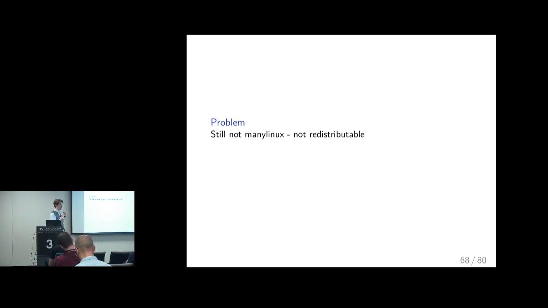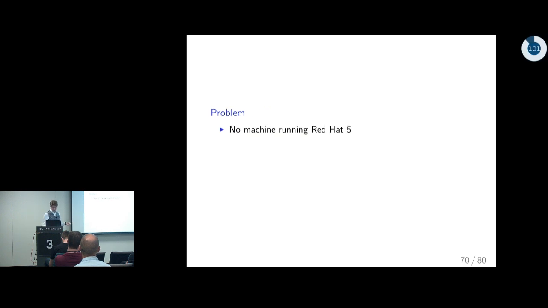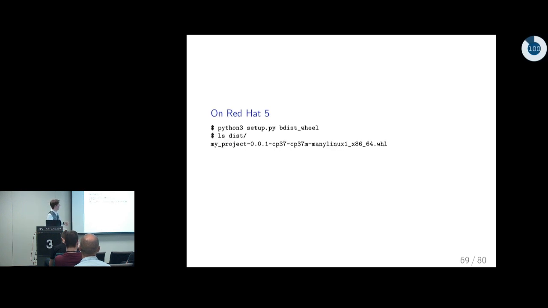And if the image was manylinux, it would be redistributable, right? So I could install this wheel on my Buster machine, but I wouldn't be able to give it to someone else and have them install it. So if I run the same thing on a Red Hat 5 machine, right, that we did on Buster, we would actually get a manylinux wheel out, okay?